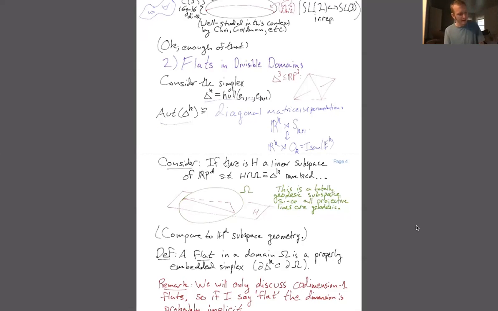So in fact, this is already a lot of information, because if I have a discrete subgroup of the automorphisms of the simplex, then it injects into the isometries of Euclidean space. Okay, so now all of the crystallographic group theory applies to it, right?